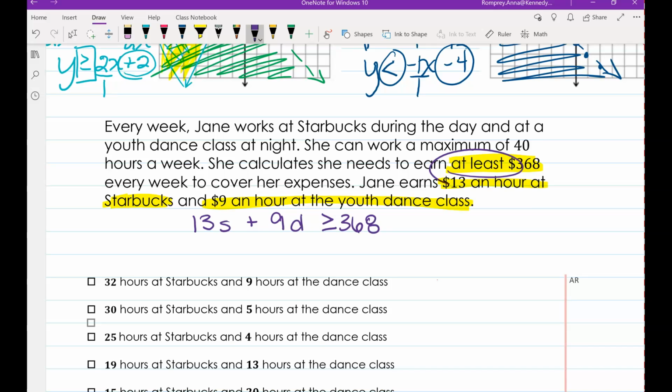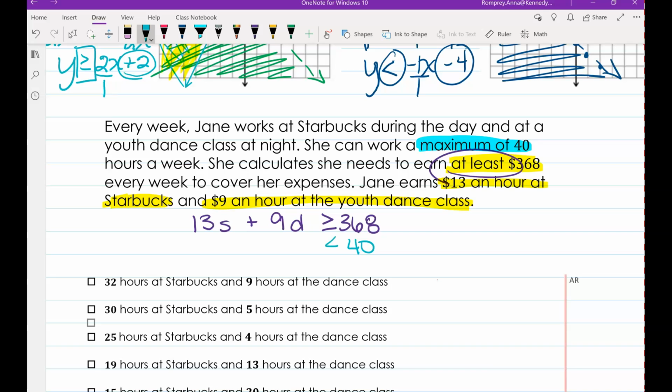Cool? All right. Now, what was the other piece of information that was given? She can work a maximum of 40 hours. Okay, so she can work a maximum of 40 hours. So maximum, so can she earn more than 40? Or can she work more than 40? No, that's a max.